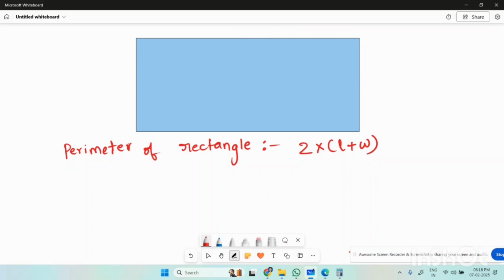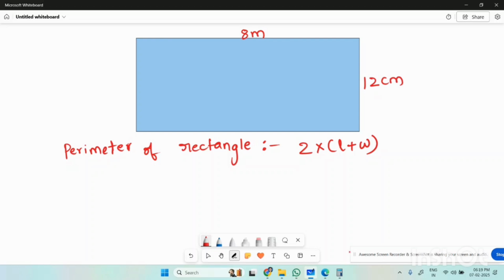Okay. We have seen how to calculate the perimeter of a rectangle. Now we are going to learn what to do if the length units and width units are different. Let's say the length is 8 meters and the width is 12 centimeters. Now both are not in the same units.